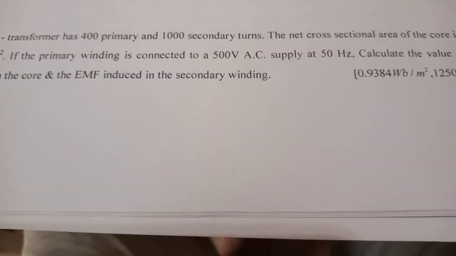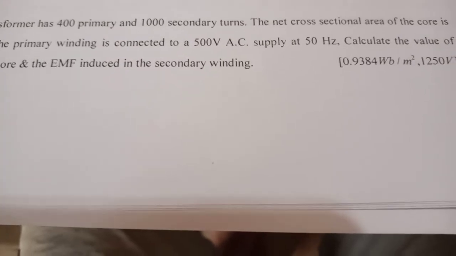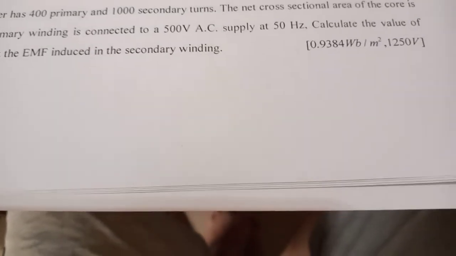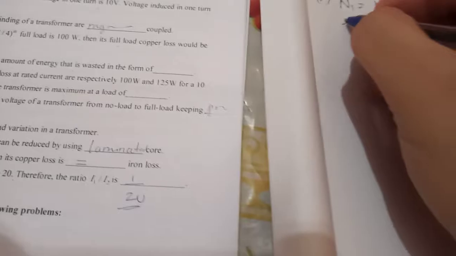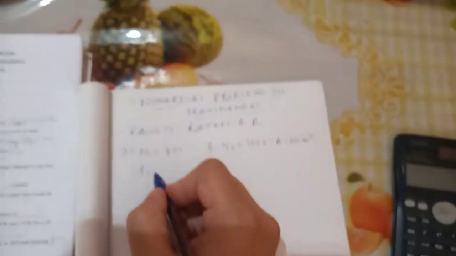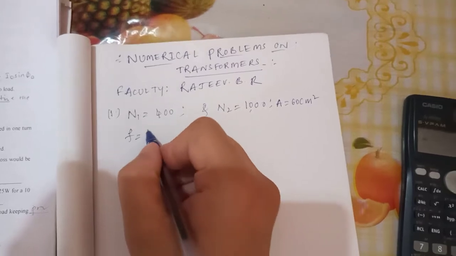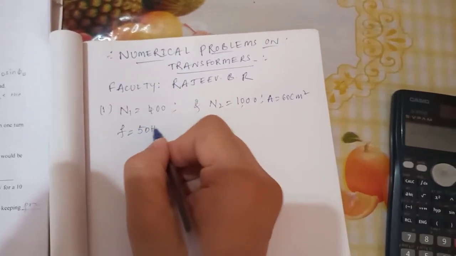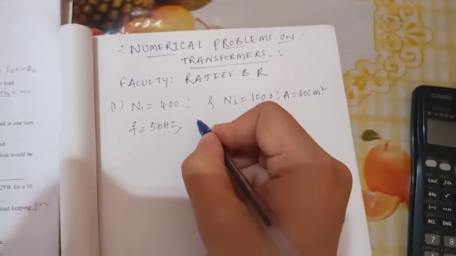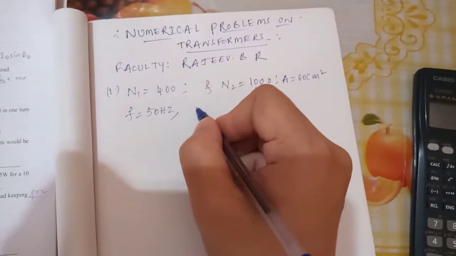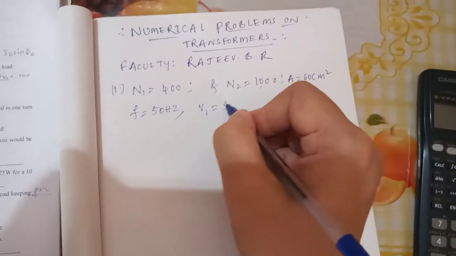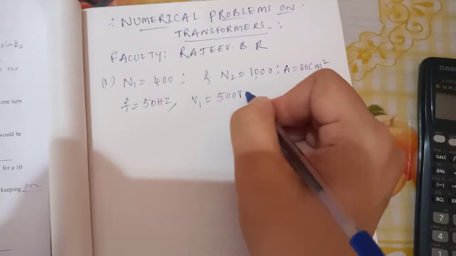If the primary winding is connected to a 500 volt AC supply at 50 Hertz, so F is equal to 50 Hertz, and the primary supply voltage V1 is equal to 500 volt.